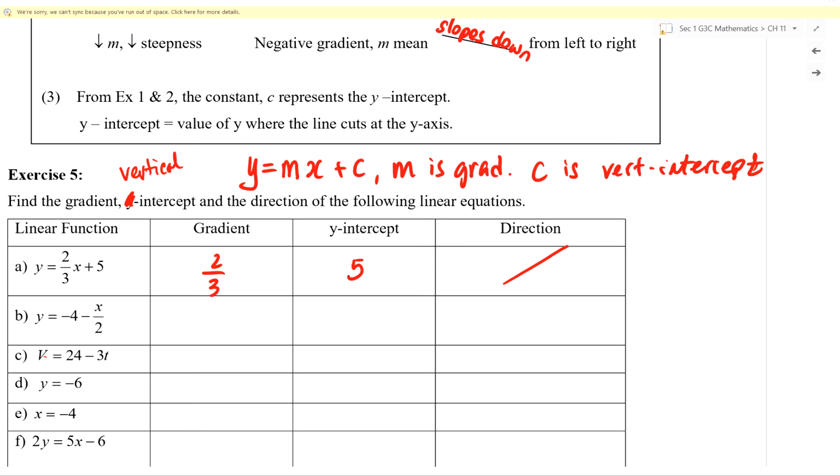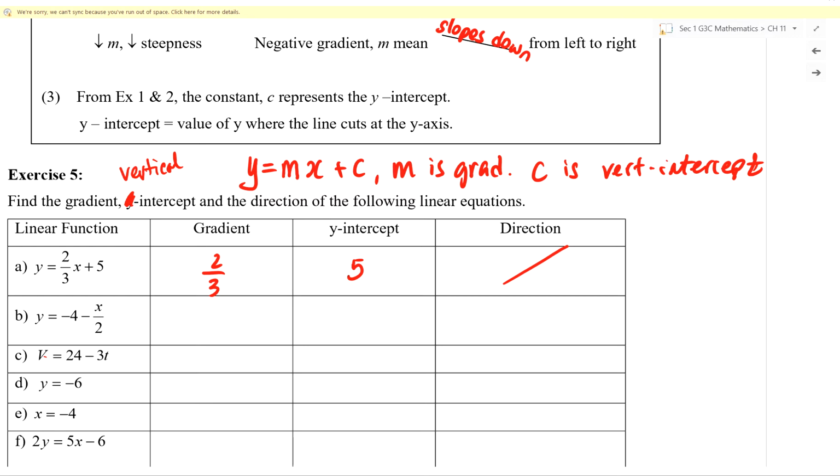Part B. What is the gradient? I want the coefficient of x over here. What's the coefficient of x? Is it half, or is it negative half? So you see, is this of the form y equals mx plus c?